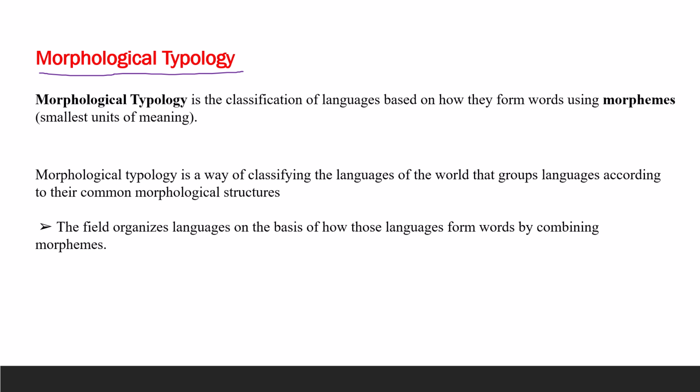Morphological typology is a way of classifying the languages of the world that groups them according to their common morphological structures. It is a classification of languages based on how they form words using morphemes. What is a morpheme exactly? The smallest unit of meaning.